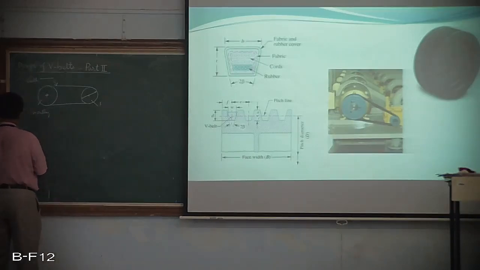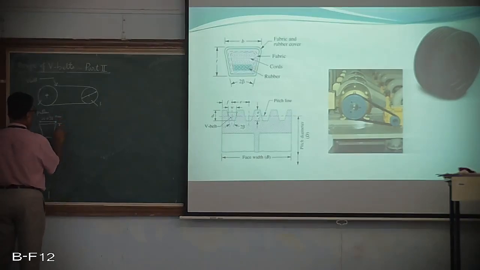See, it says that power is transmitted from a V-grooved pulley to a flat pulley, and the size of the V belt is already given. For example, this is the trapezium shape of the V belt. This is the top, W, which is given as 38 mm. The thickness of the belt is given as 25 mm, and the smaller width here, we call it W1, is given as 19 mm.